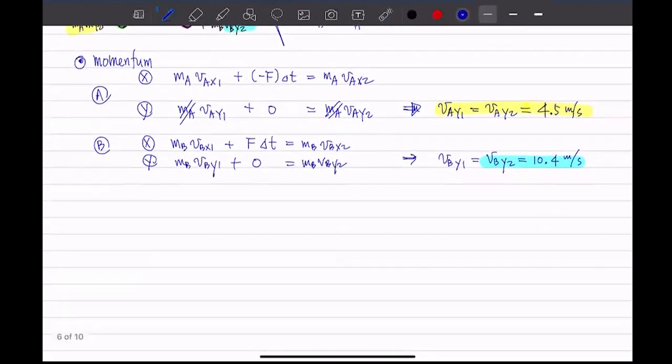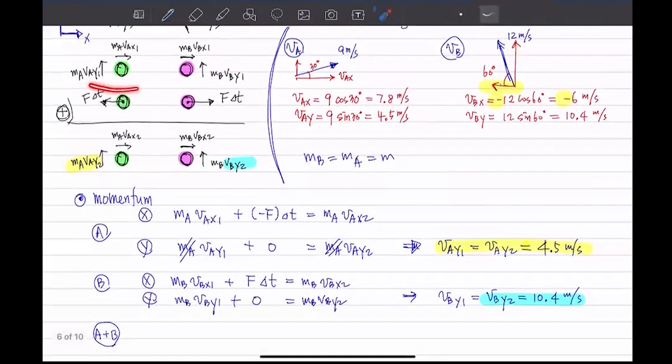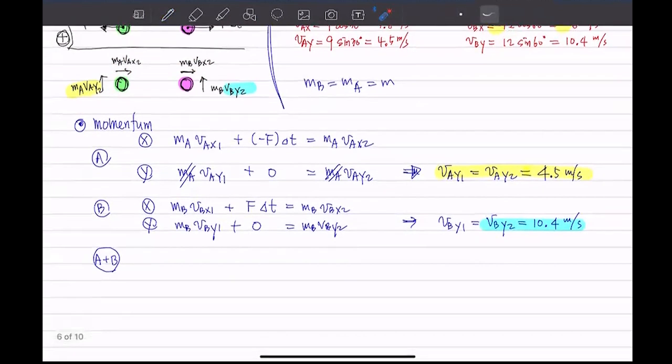And if we consider both A and B together, which is the conservation of momentum, in other words, the summation of these two, mA vA plus mB vB at time 1 is the same as mA vA plus mB vB at time 2.